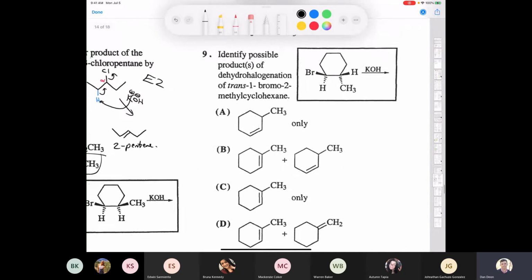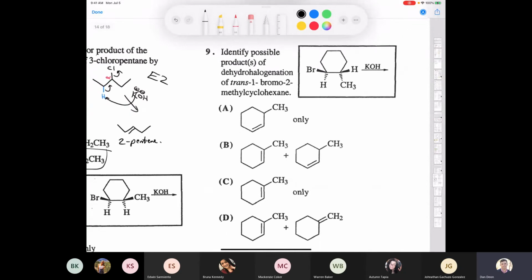And we went over this in quite a bit of detail in chapter, I can't remember if it's chapter 6. Anyhow, where we talk about cyclohexane. We spend a lot of time talking about cyclohexane and learning how to draw a chair, right? So we spend a lot of time practicing drawing a chair. And if we were to draw this molecule, let's say we call this carbon number 1 and we'll call this carbon number 2.